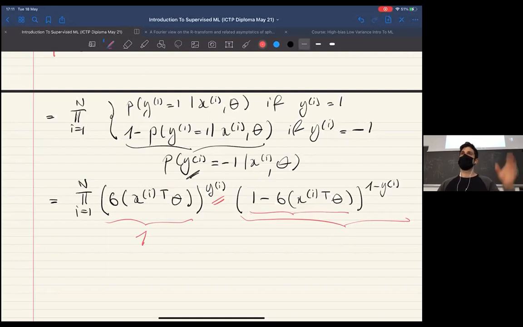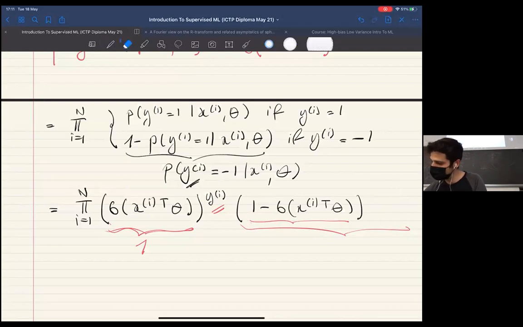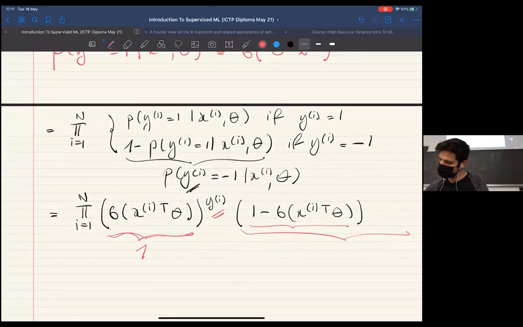So you have a multiplication of all these probabilities, and each time you have a y equal to 1, you multiply by an additional sigmoid, and each time you have a y equal to -1, sorry, here I'm considering that the y's are 0 or 1, sorry.